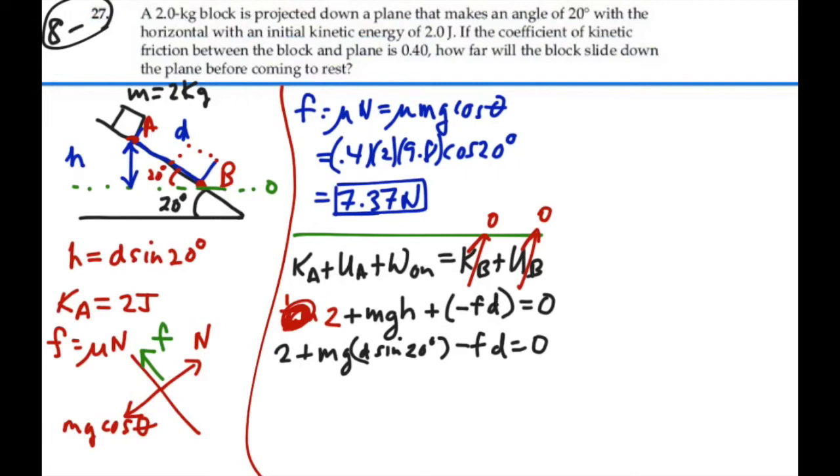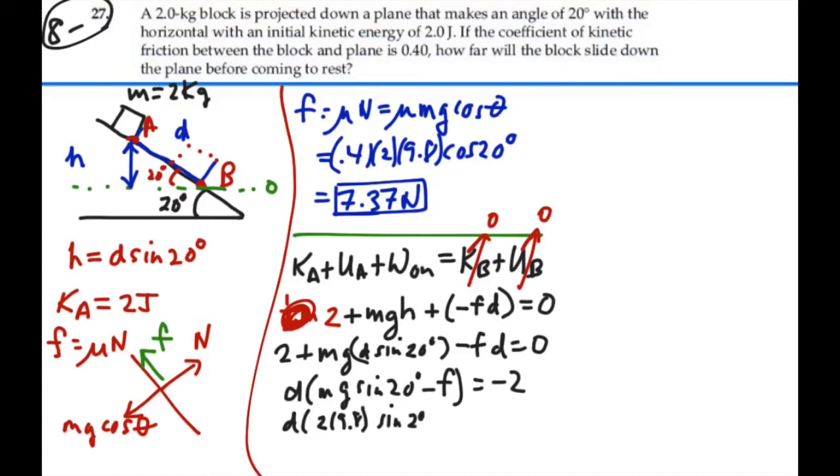Let's solve this for d. Factoring out the d and putting the 2 on the other side, we have d times mg sine 20 degrees minus frictional force equals a negative 2. So that is d times 2 times 9.8 sine 20 degrees minus 7.37 equals a negative 2.